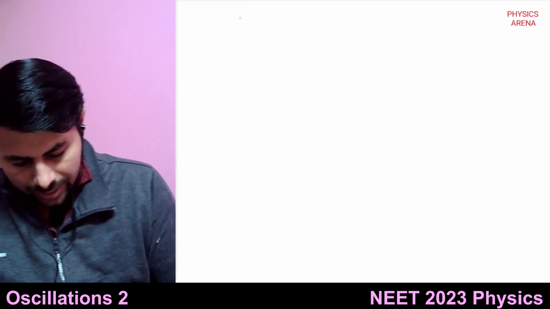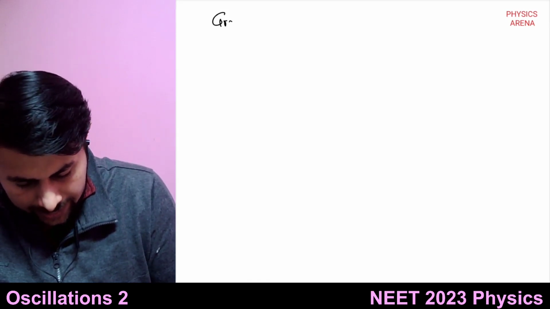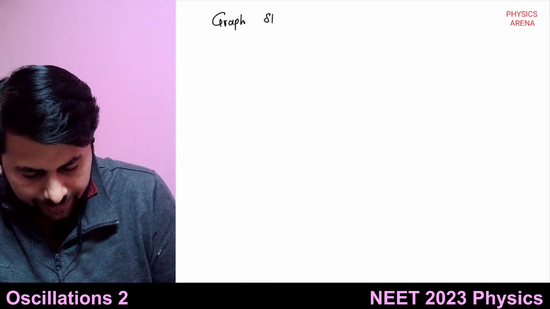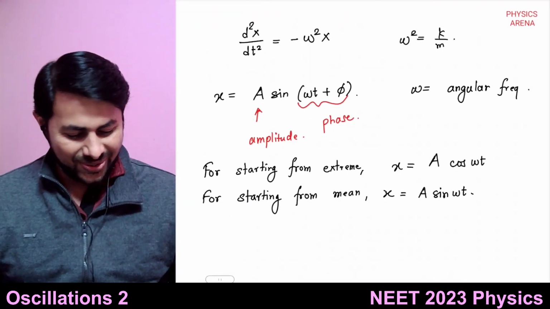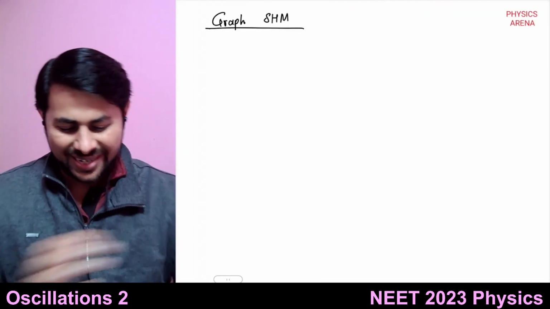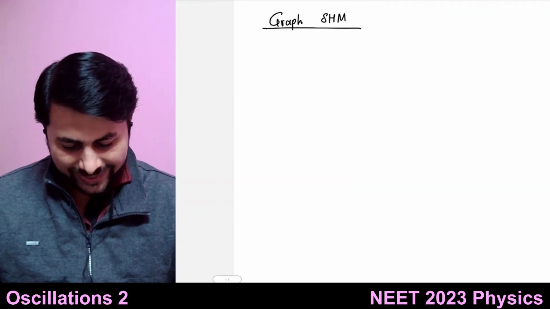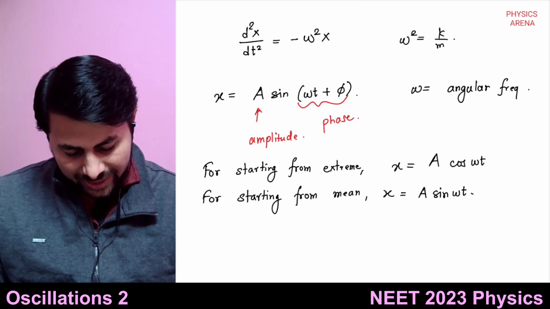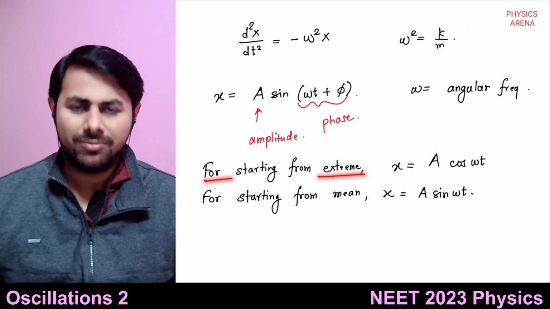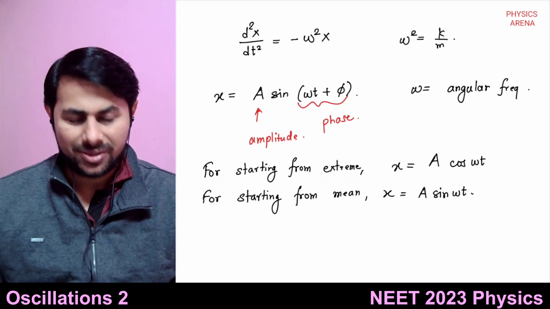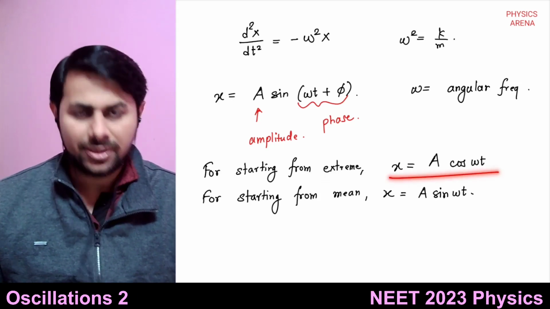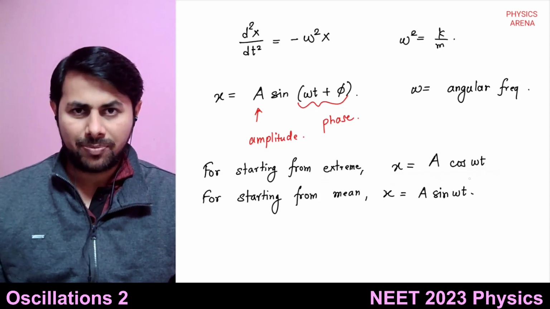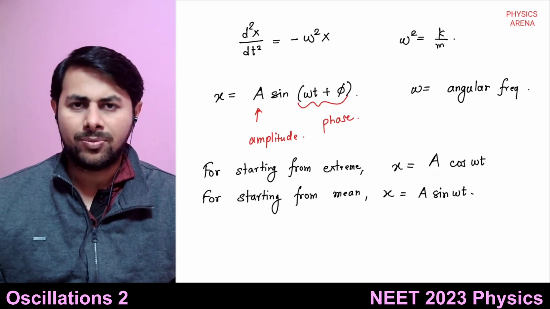So let's graph the SHM. Let's consider the case of a particle starting from the positive extreme position. We know the equation for the displacement or position of the particle, which is a cos of omega t.